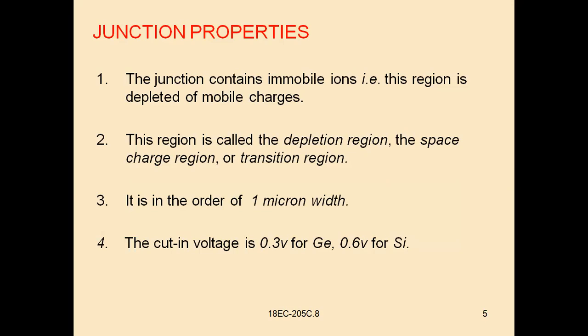It is in the order of 1 micron width. The cut-in voltage for silicon is 0.6 volts, and for germanium, the cut-in voltage is 0.3 volts. We can also name this cut-in voltage as barrier potential, right? What is the width of the depletion layer? It is in the order of 1 micron width.